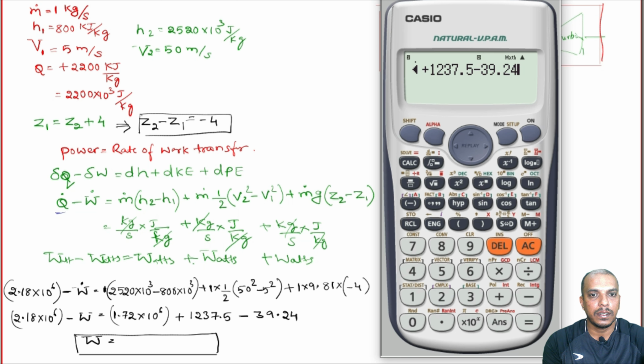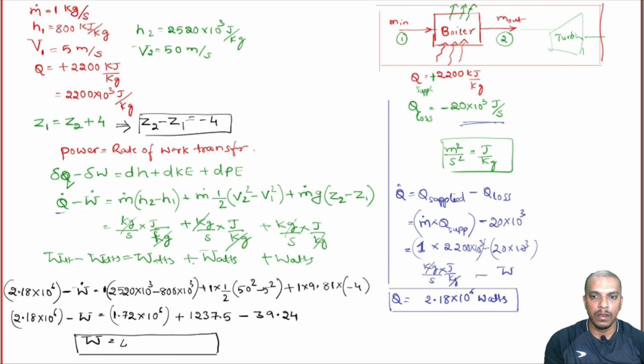Now, shift solve for x is equal to 0 and that is the answer which we wanted. 458.8 into 10 power 3. 458.8 into 10 power 3 watts.